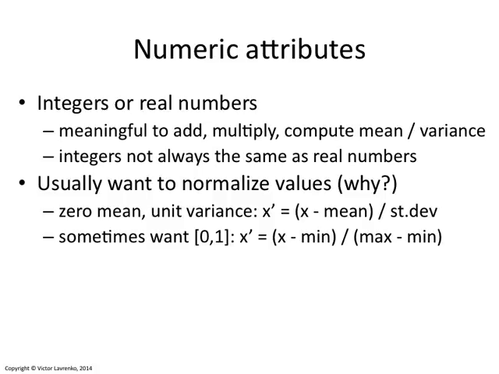Now, one important thing with numeric attributes is usually you need to normalize their values. So the data that comes in, typically you try to bring it to the same range. Why do you do it? It's because the raw numeric data, you have no control over the scale on which it happens.